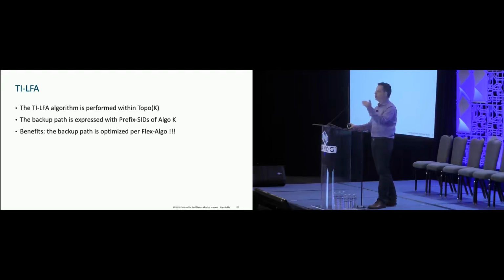Even more, the backup path will stay among the members of the FlexAlgo. I will never leave my topology. FlexAlgo K has a topology K. Out of that topology, I have to come up with primary and backups. And they're both optimized for the objective that you told me to do.